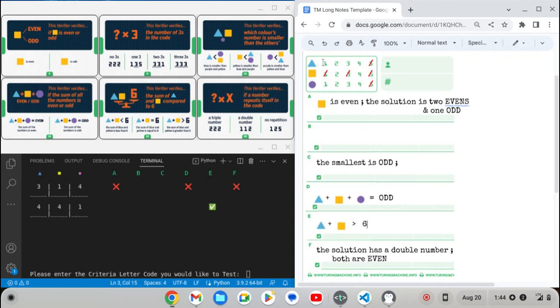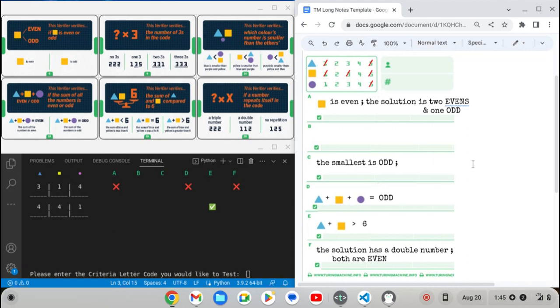At least not for triangle. Let me be clear, I was about to say circle, but that's not the case. So I know triangle can't be 1, and so at this point the possibilities are 3, 4, 4, or 4, 4, 1, and 3.